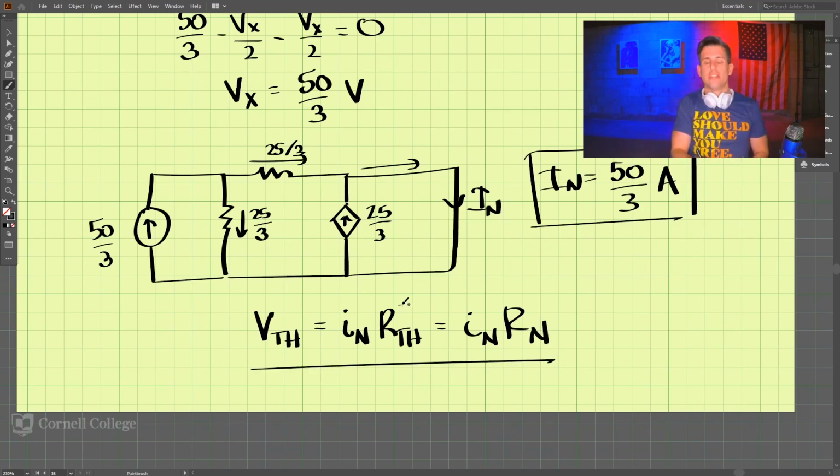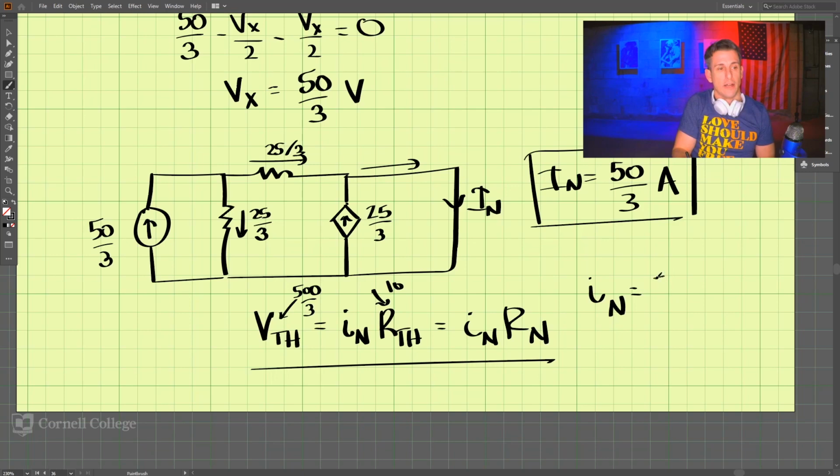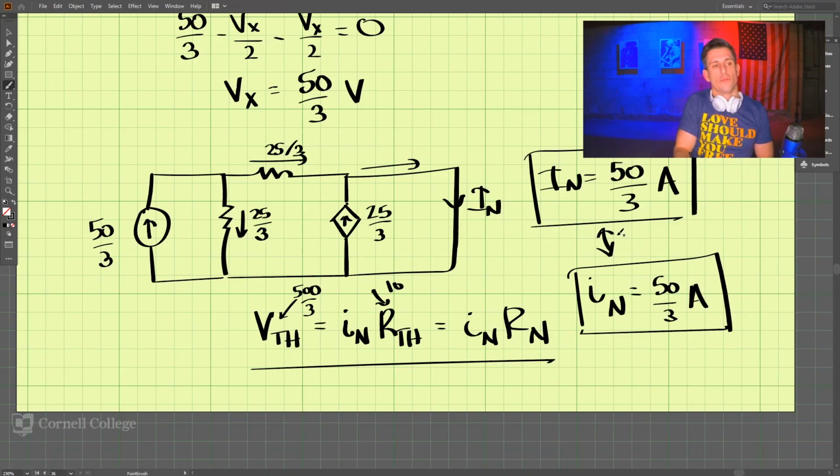So we could use this relationship, and we had the Thevenin voltage 500 divided by 3, and we knew that the resistance was 10. We could have just solved IN is equal to 50 divided by 3 amps. These two are equal.